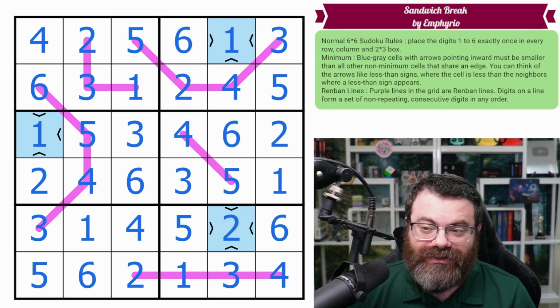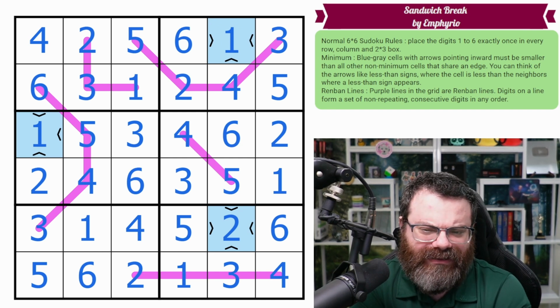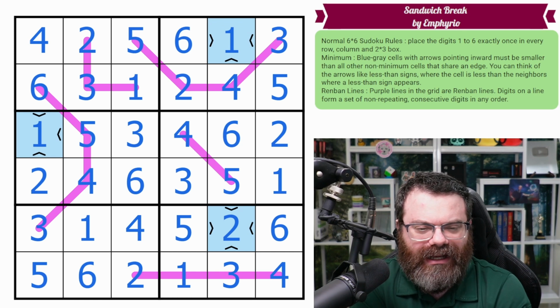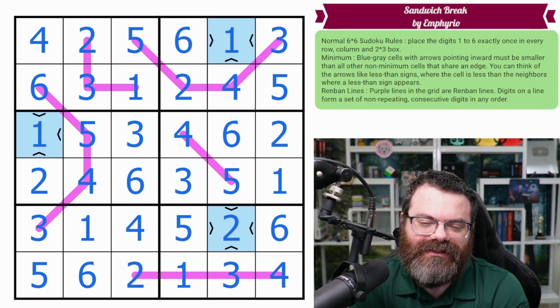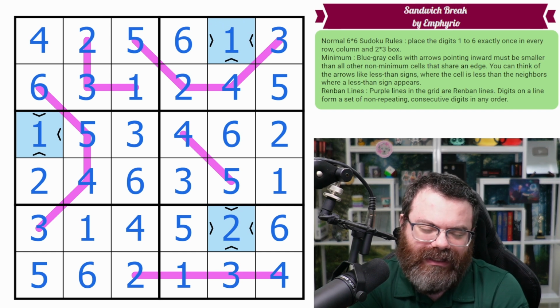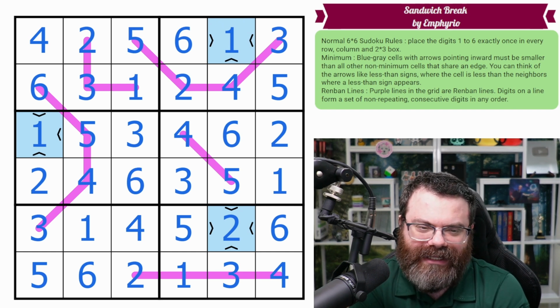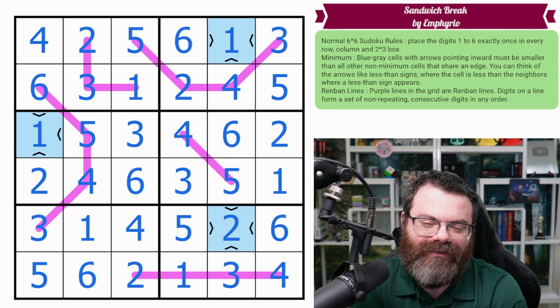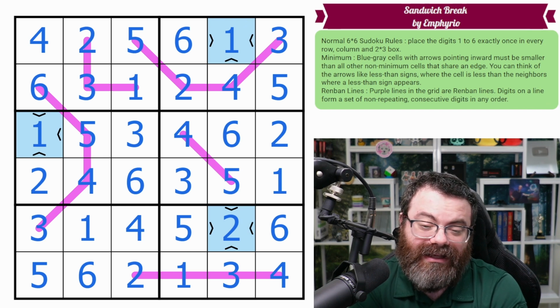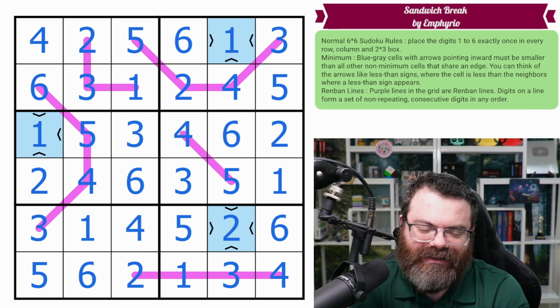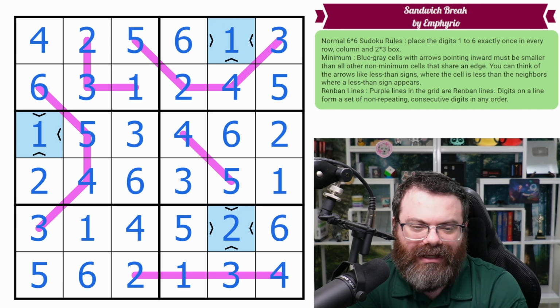So interesting puzzle there, Emphyrio. Definitely on the harder side for sure. Let me know how you felt. I encourage giving feedback about the difficulty of these puzzles. We're always trying to stay kind of evergreen in the difficulty range, but there's always this pressure among the setters to increase the difficulty in order to stay interesting.